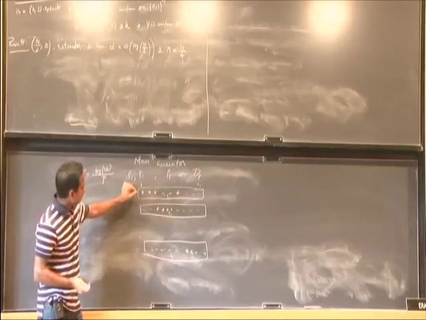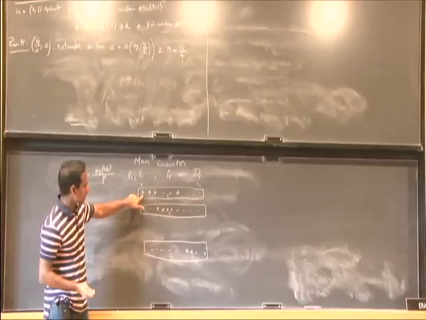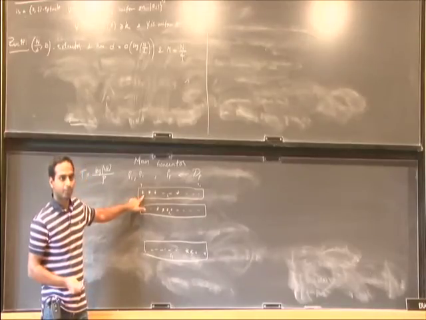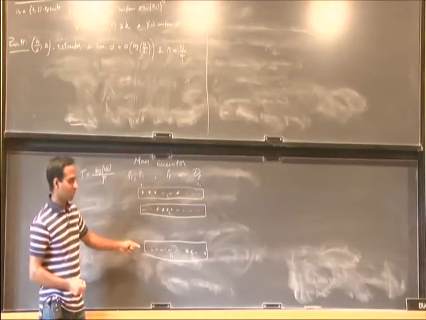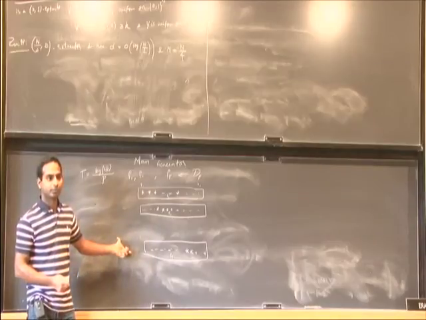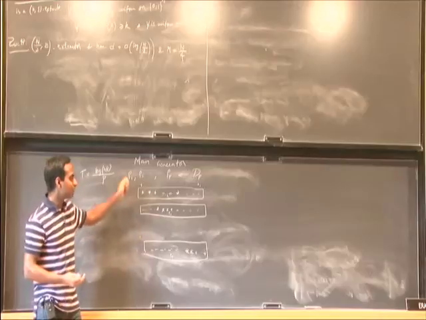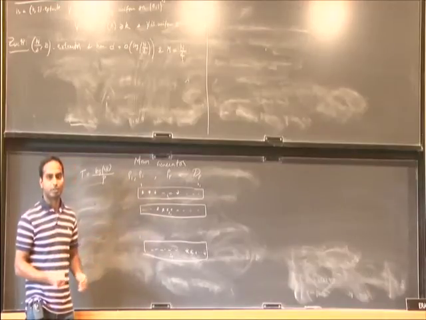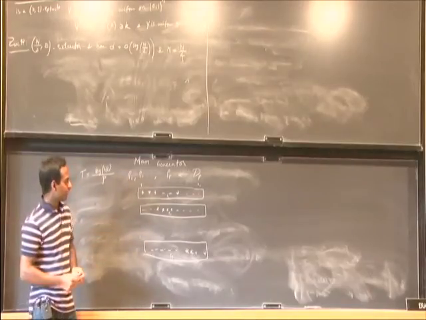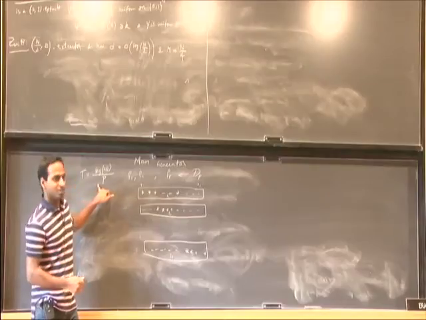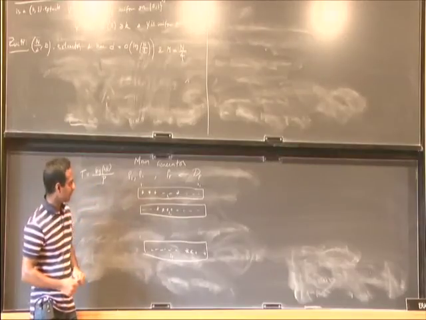Each entry is a star with probability p, and across the different columns, these are all independent. So if I choose log n over p of these, at least one of them should be a star with very high probability. Okay, so that's the reason for choosing T to be this much.